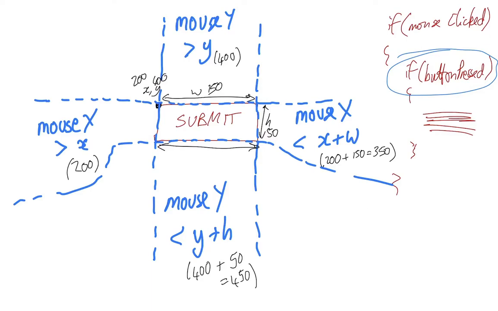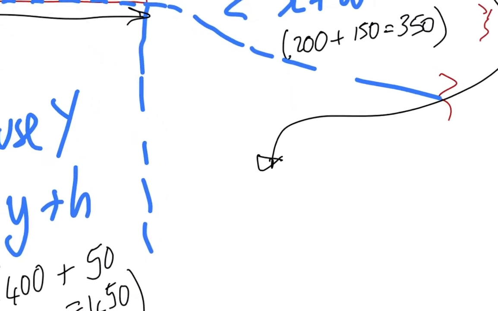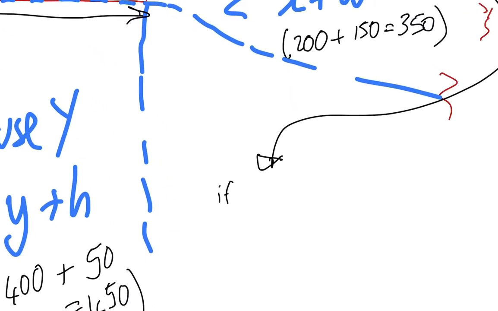And I need to make sure that I use the correct less than or more than. So this if button pressed thing, in reality, looks like this. It looks like if mouse X is greater than the X position of my button. Note here that I've got two ampersand symbols, and that means and.